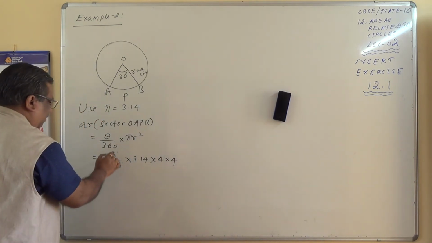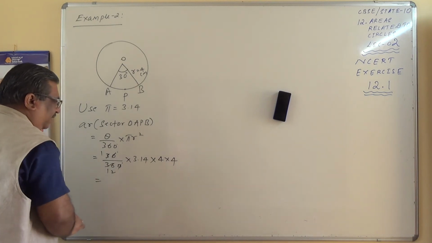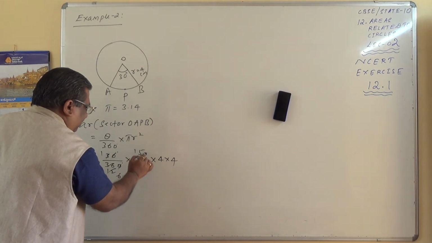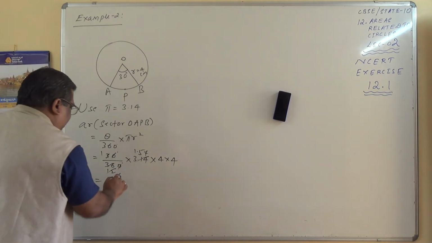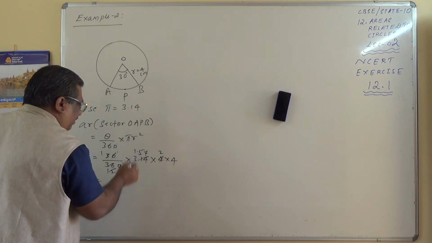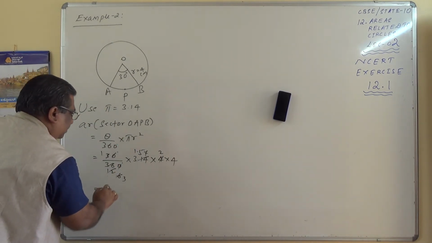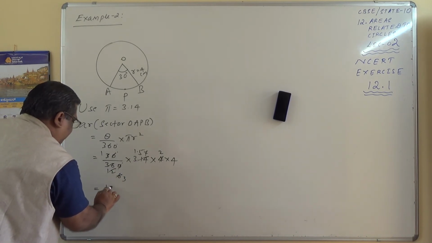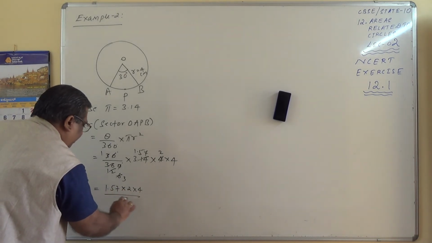Okay, so this one cancels. 3 ones are 3, 3 twos are 6, so 1 by 12. 2 ones are 2, 2 fives are 10, 2 sevens are 14, that gives 1.57, and 2 fours are 8. So approximately we get 1.57 into 2 into 4 divided by 3.